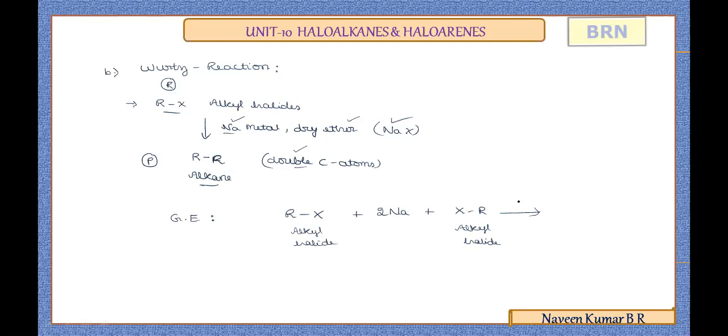So both are same. So now what happens is that the sodium will react with the carbon halogen bond, will cleave that, so will be responsible for heterolytic cleavage. And in the process, the halide ion formed will be accepted by the sodium to form sodium halide. It is 2NaX. And the carbon of the alkyl groups gets bonded to form an alkane. So as 2 moles are forming 1 mole of alkane, their number of carbon atoms will be double when compared with the parental alkyl halide used.